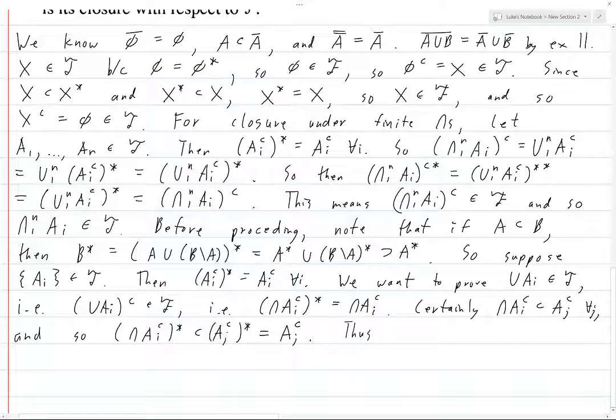So if we take this inclusion and take the intersection over all j's, it will still hold. So the intersection of the A_i complements, star, is contained in the intersection of the A_i complements.